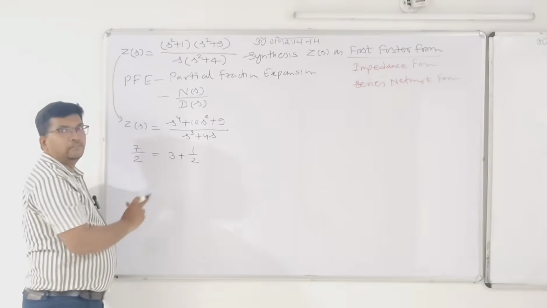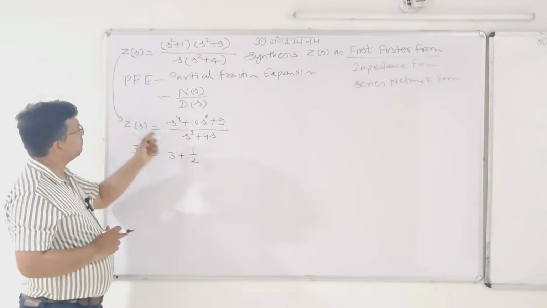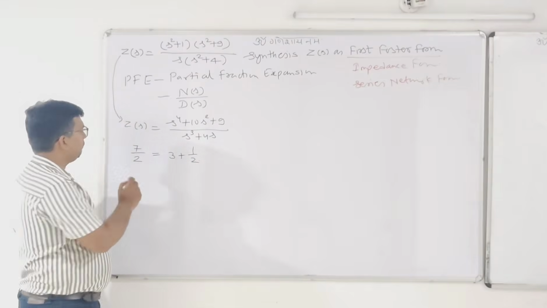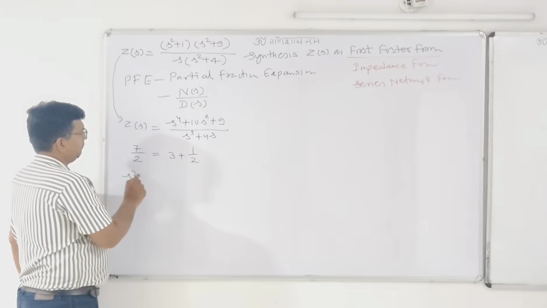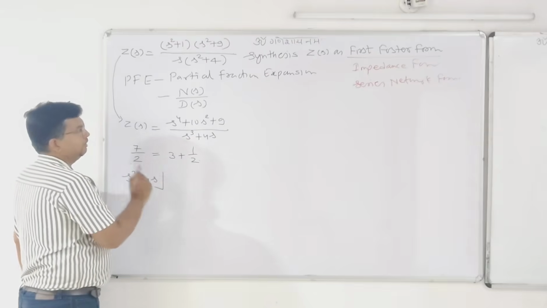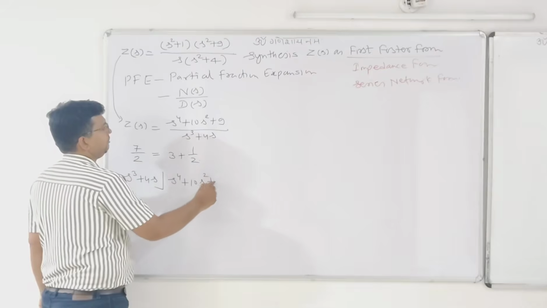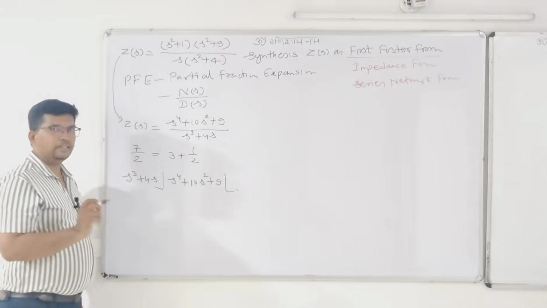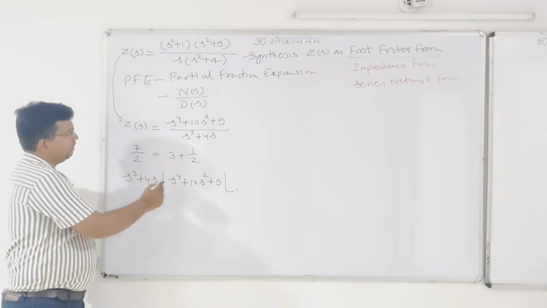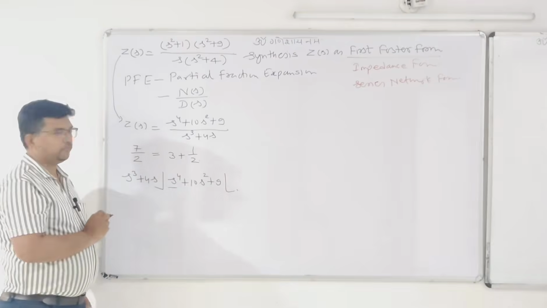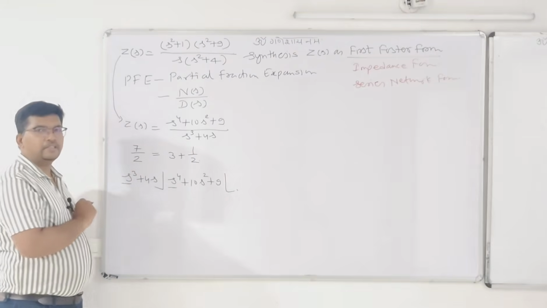So similarly, we will write this function in this form. Basically, we will divide this numerator s^4 + 10s^2 + 9 one time. Now, what is the first term? s^4. What is the first term of this s^3?